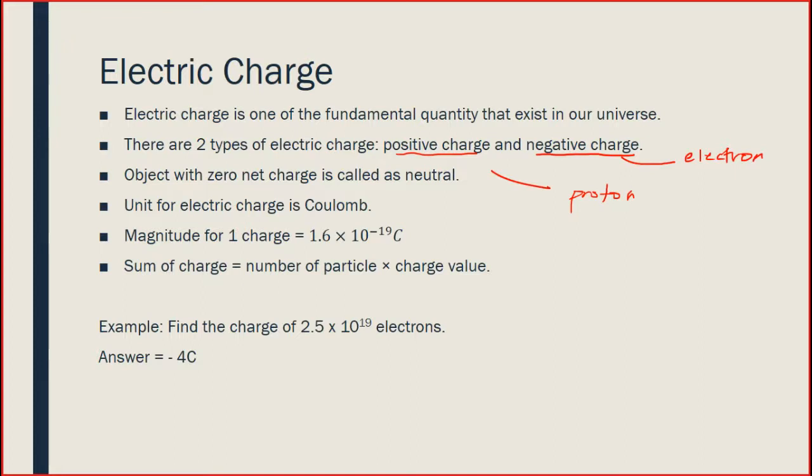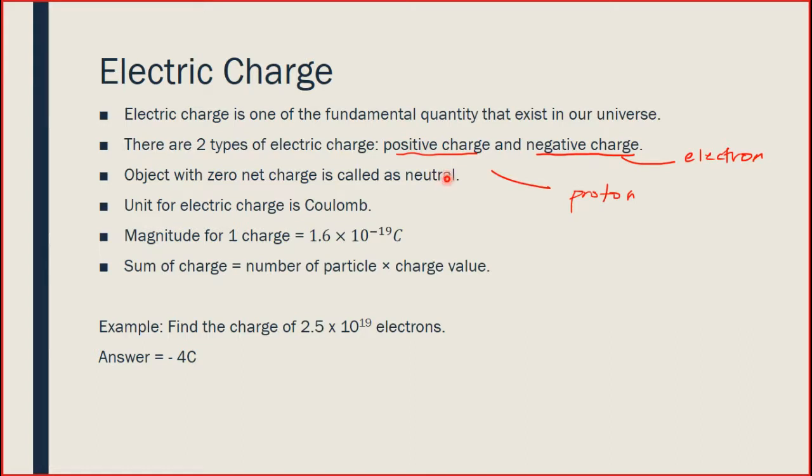These two are the main examples when we are talking about charge: positive is proton, negative is electron. We can also have objects which have zero net charge, meaning they are not positive and not negative. They are called neutral objects.